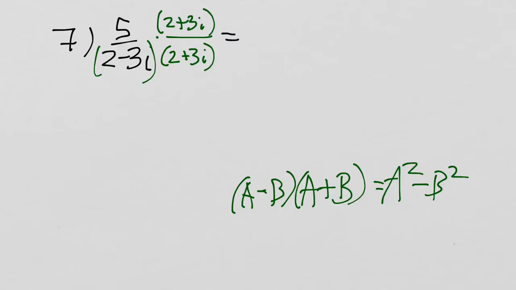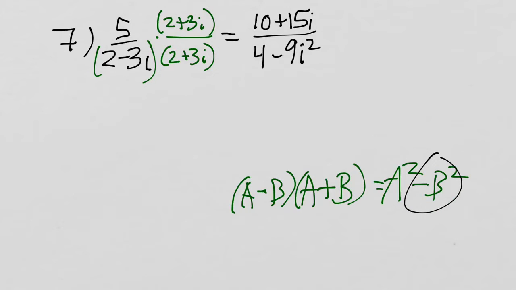And on the top, I'm going to get 10 plus 15i. On the bottom, I'm going to get 2 times 2 is 4, minus 9i squared, because I get to square that second part, right?